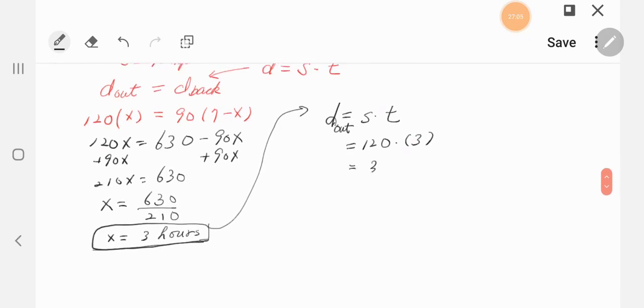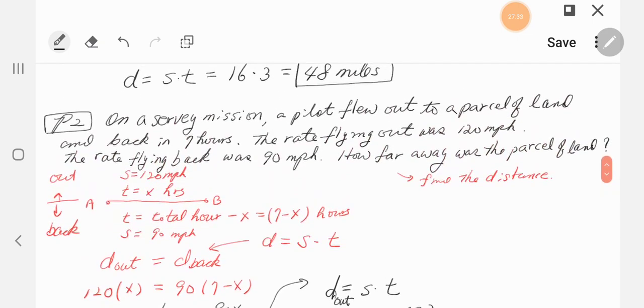So that is 360 miles. So 360 miles is the distance from location A to location B, the parcel of land. These two questions are very similar, and the hard part is that we have to find the number of hours first so that we can find the distance. Okay.